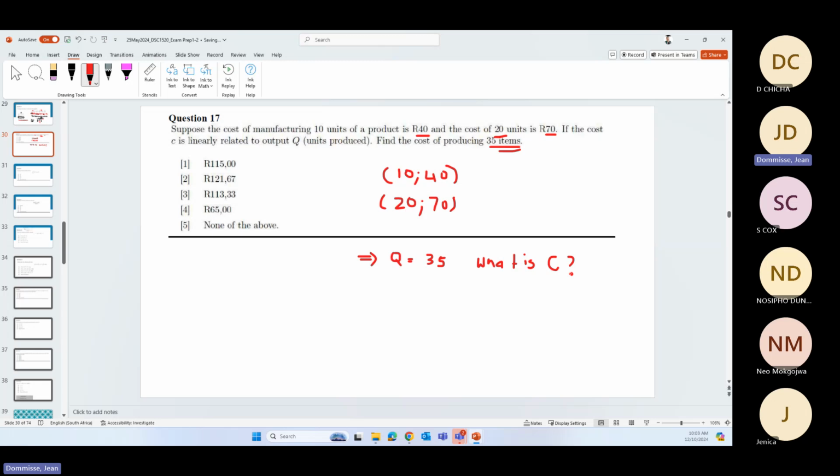Correct. So we will need to work out, firstly, what is your cost function? Oh, sorry, your slope. Why am I going to cost function? We will need to work out the slope, and I just need to check if those are correct. So change in y over change in x.